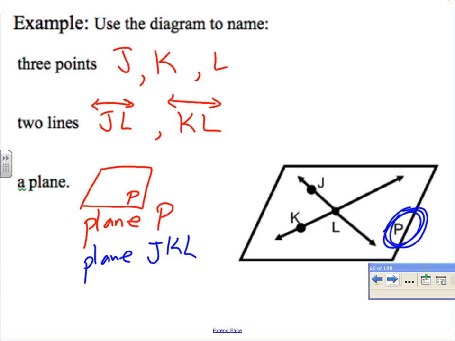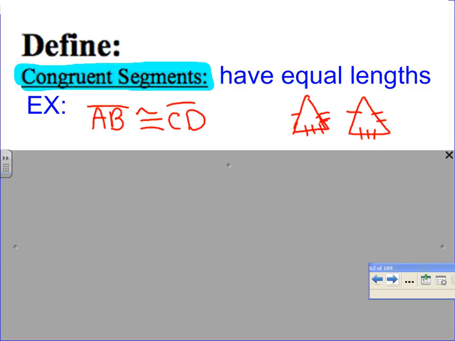Okay. All right, so next part. Anyone know what a congruent segment is? Emma H? Yep, you guessed correctly. Congruent segments have equal lengths.